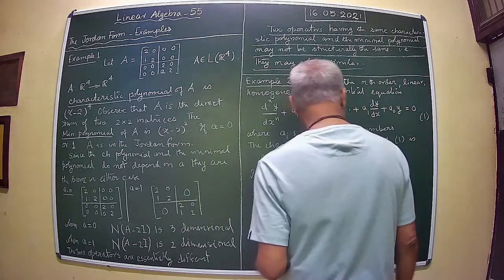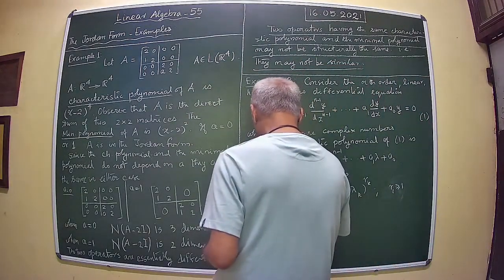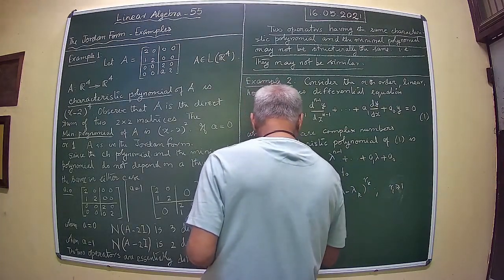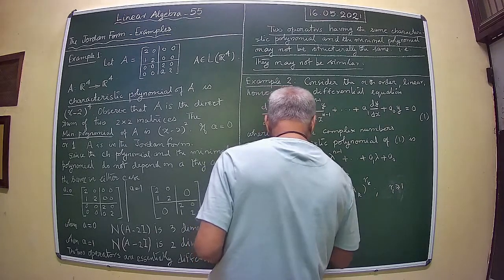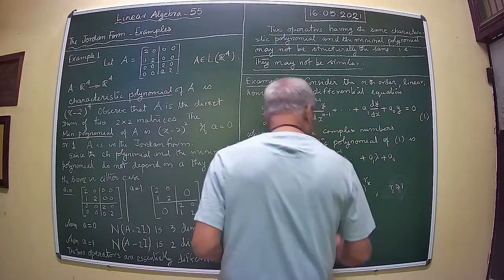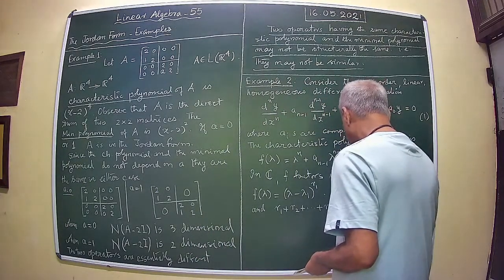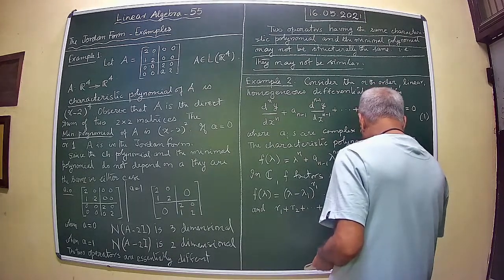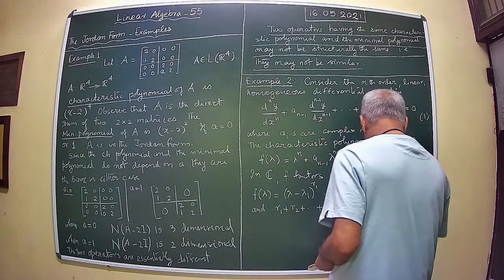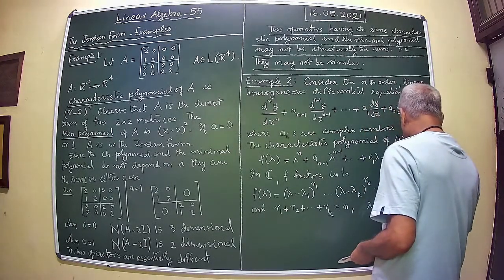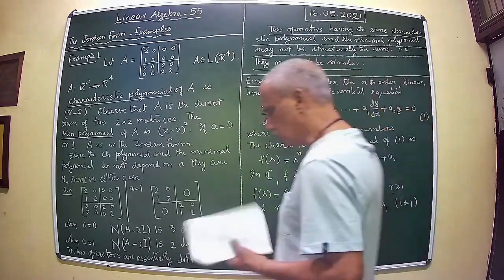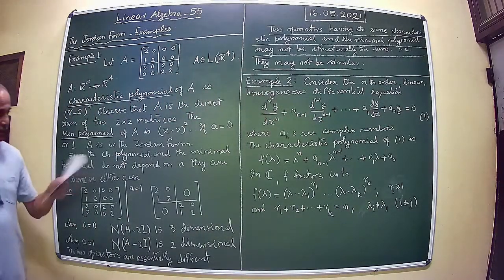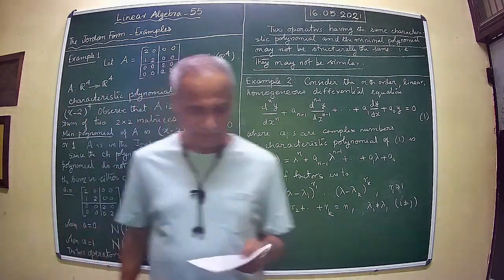They are positive integers, and r_1 plus and so on equal to n. We take these to be distinct, and we have lambda_i different from lambda_j whenever i is different from j. Now these are the conditions. So these are all distinct zeros of the characteristic polynomial or the auxiliary equation.